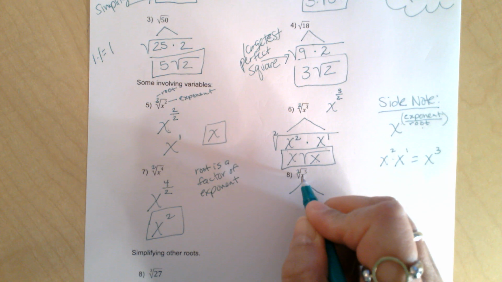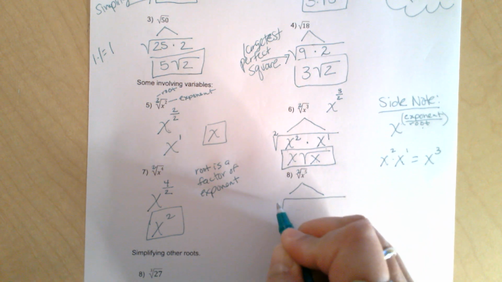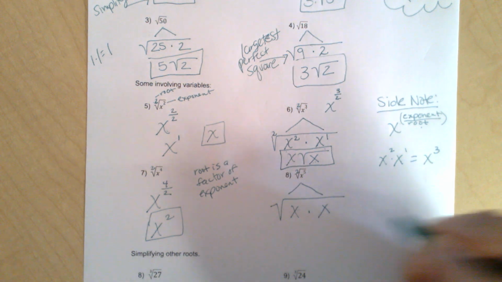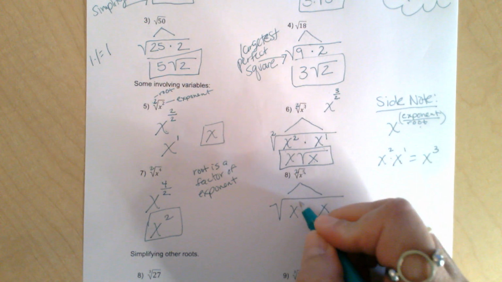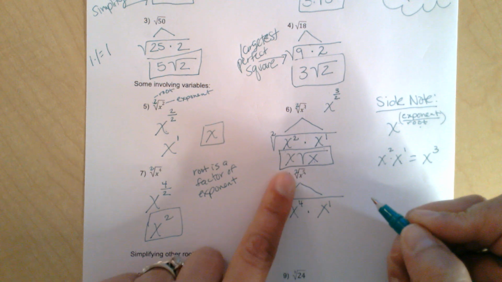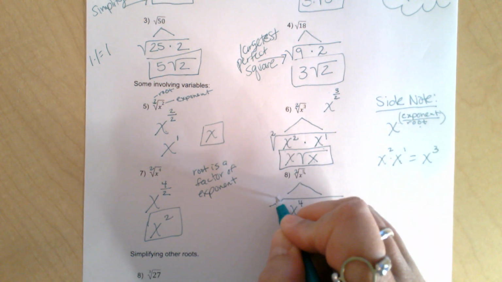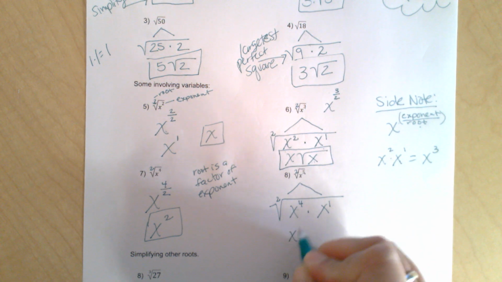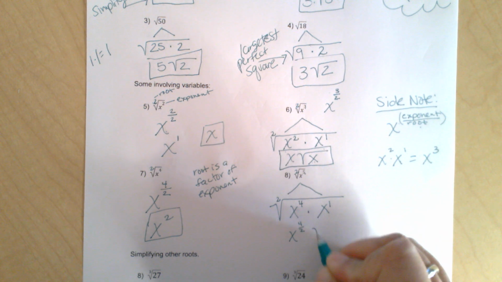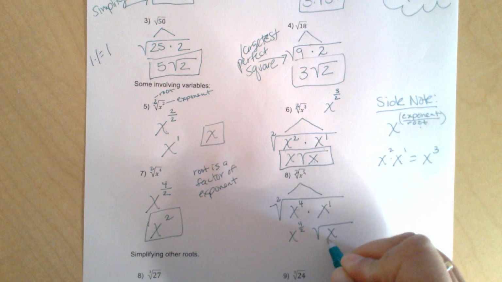We have the square root of x to the 5th. Okay. We can split up x to the 5th. And you got it, this is going to be 4 and 1. So here we have 4. The root is a factor, 2. Remember, that's 2. So this would be x to the 4 over 2. We cannot factor x to the first, so we bring it down, square root of x.